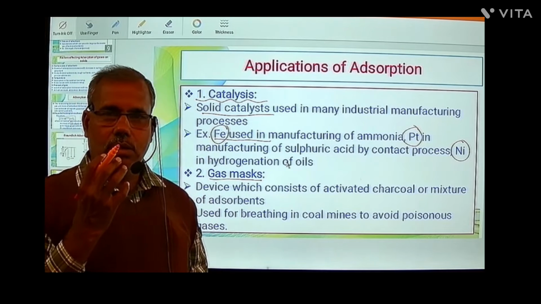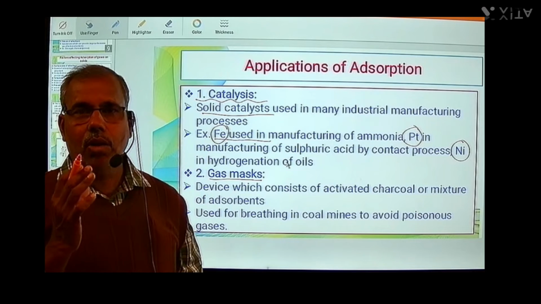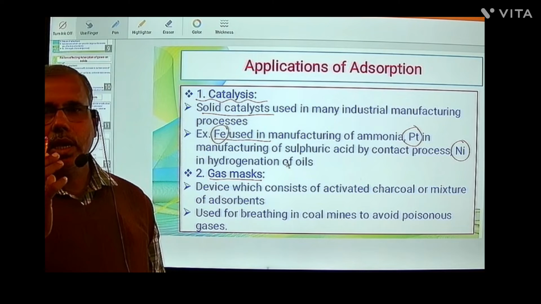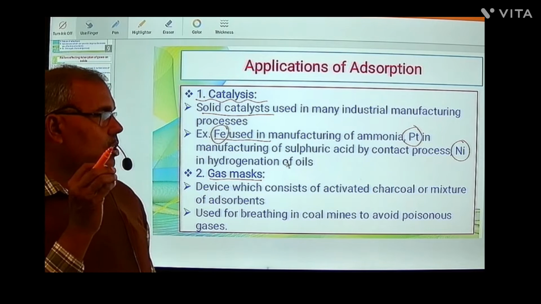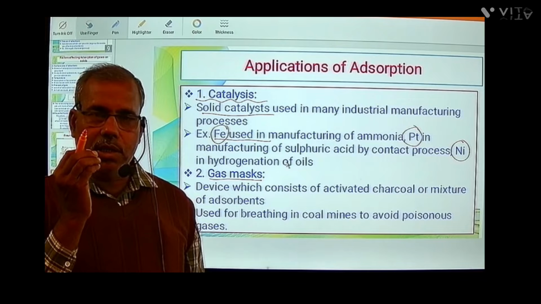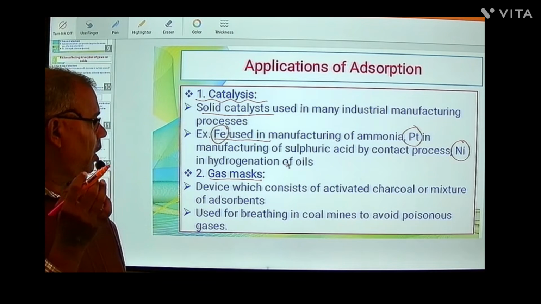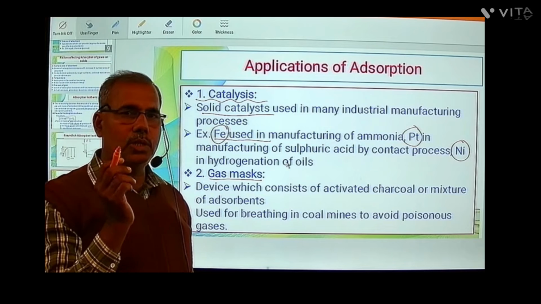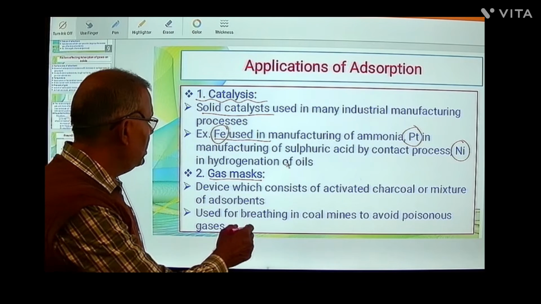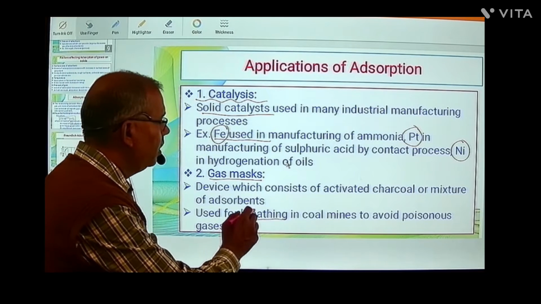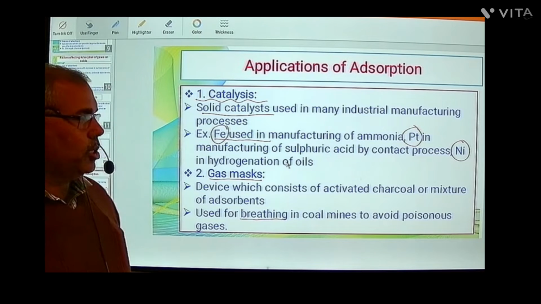These gas masks are not simple or normal masks. They consist of particles of activated charcoal or other adsorbents, a mixture of different adsorbents, and they are used for breathing in coal mines to avoid poisonous gases.